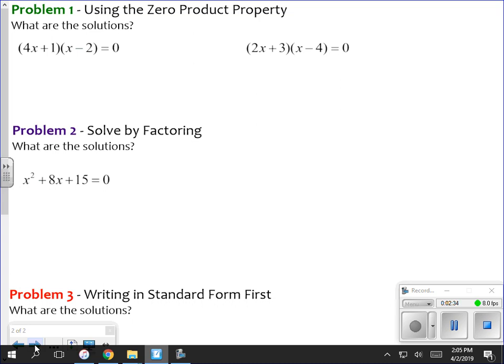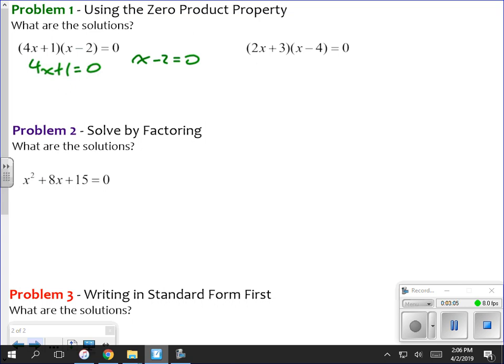So the first two problems are already in factored form. You've got quadratics that have already been factored. The zero product property says that I take the first one, 4x plus 1, set that equal to 0, and take the second factor, x minus 2, equal to 0, and I solve each of those individually.